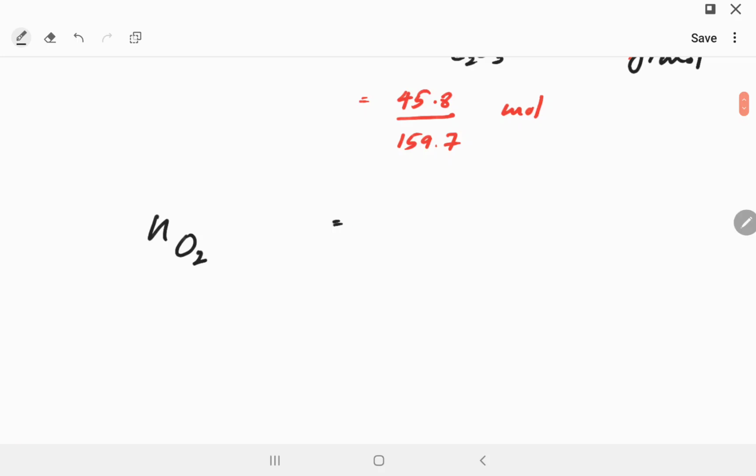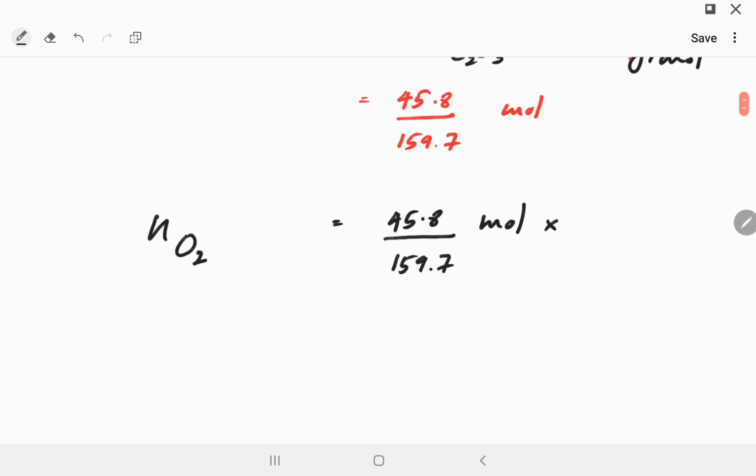So what we have is the moles of iron oxide, which is 45.8 divided by 159.7 moles. Now you have to multiply it by a mole factor, which was generated by using the coefficients of the stoichiometric ratios of oxygen and iron 3 oxide.